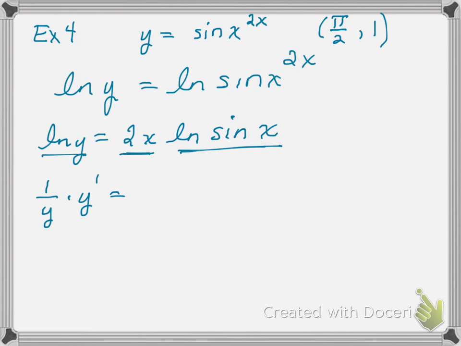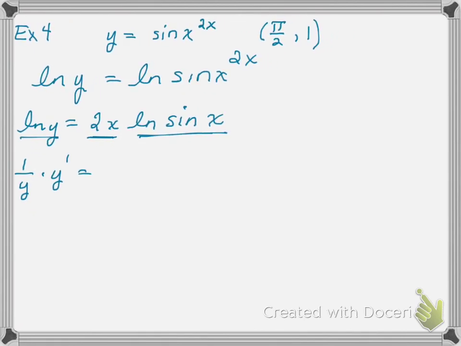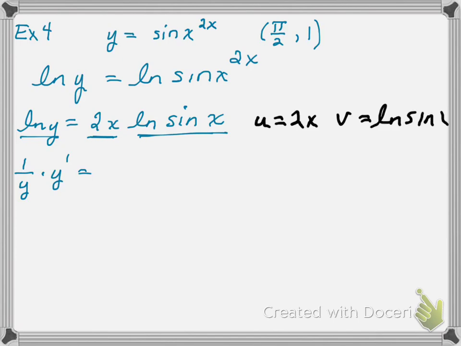Over here, let's shrink this down a little bit so I've got a little more space. So my u is going to equal 2x, and v is going to equal ln of sine x. So how do I do this? One's the simple derivative. The derivative of 2x is just 2.